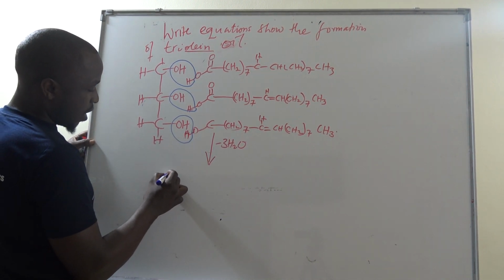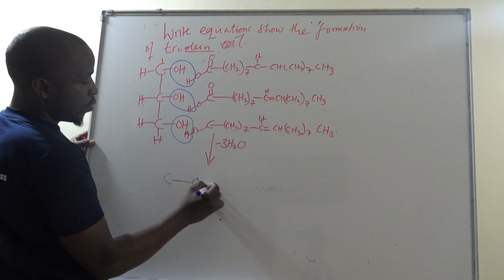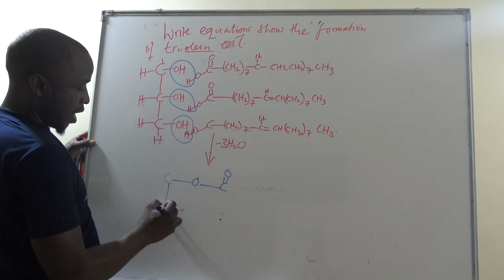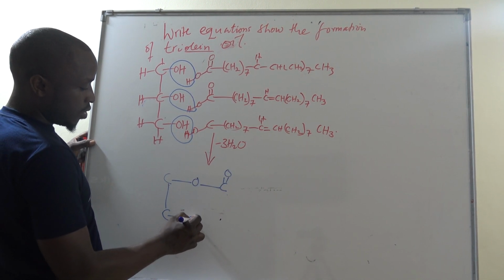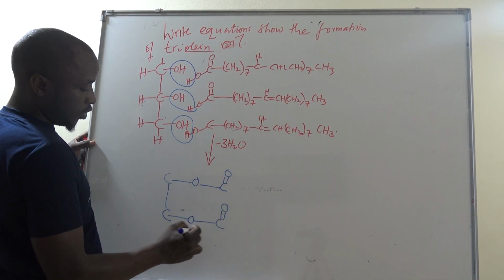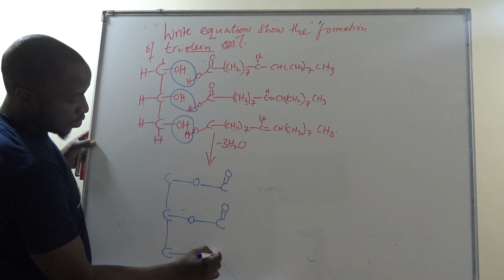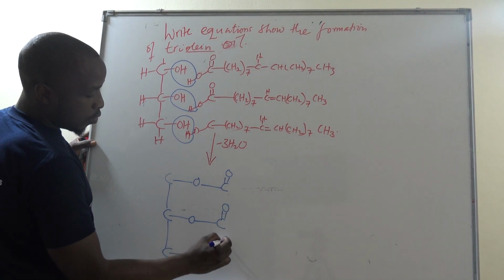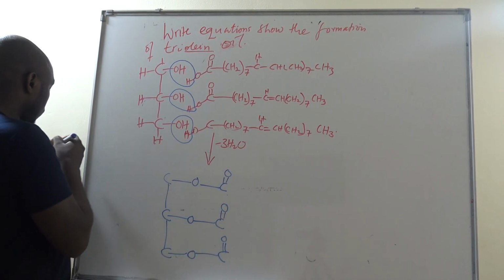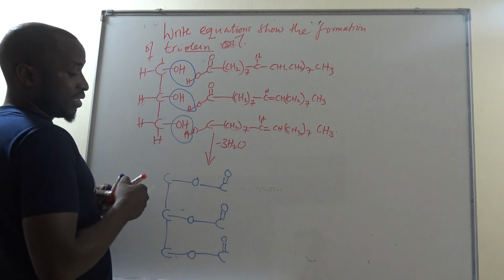It will be this carbon atom plus this oxygen plus that carbon atom and a double bond there. Another one here, single carbon atom, double bond oxygen. Another one here, single carbon atom, double bond oxygen. So we have that.